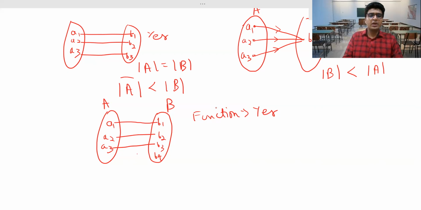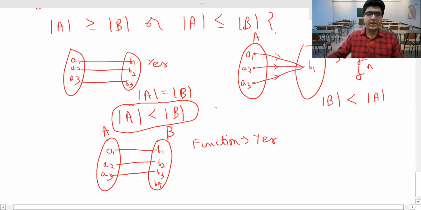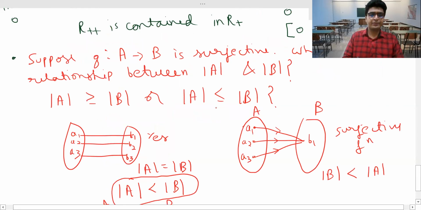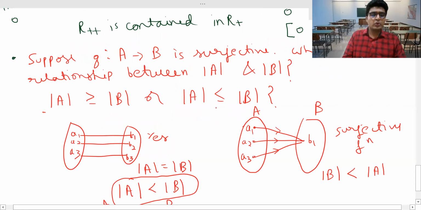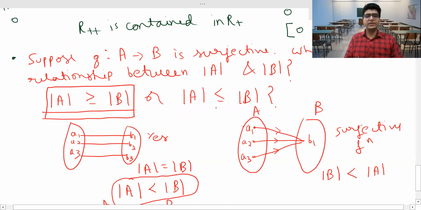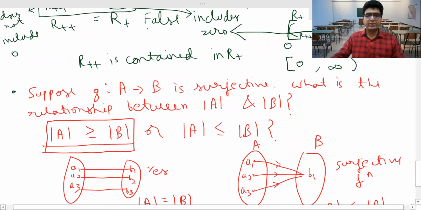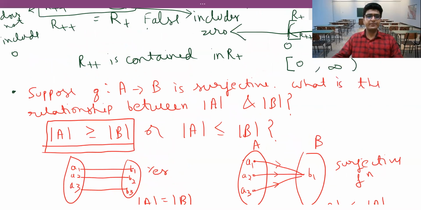If cardinality of A is less than cardinality of B, then we cannot have a surjective function. So the relationship should be that cardinality of A should be more than or equal to cardinality of B. Only then can we have a surjective function. So this is the valid relationship between cardinality of A and cardinality of B. All right.